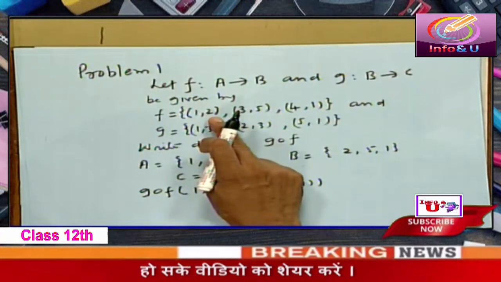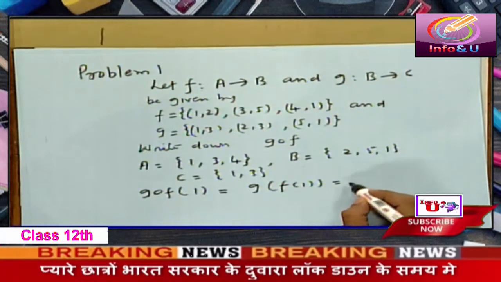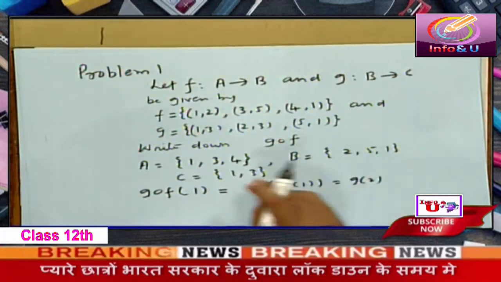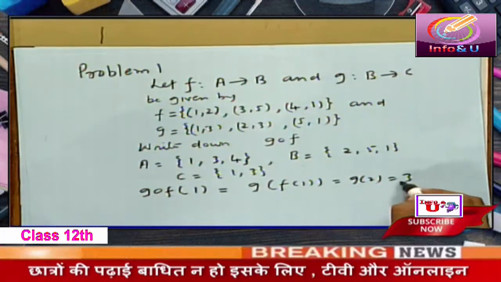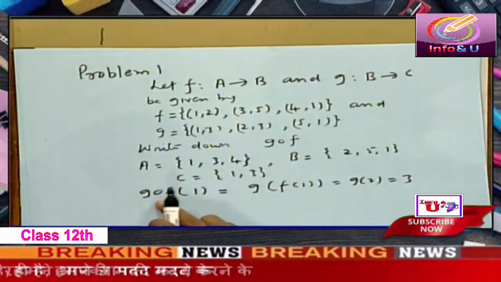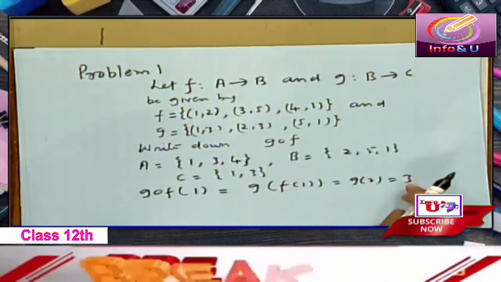F of 1 is 2. So we have G of 2 and G of 2 is 3. So eventually GOF of 1 is just 3.